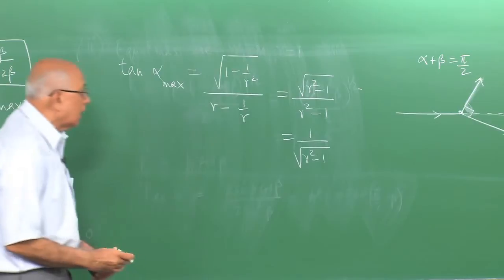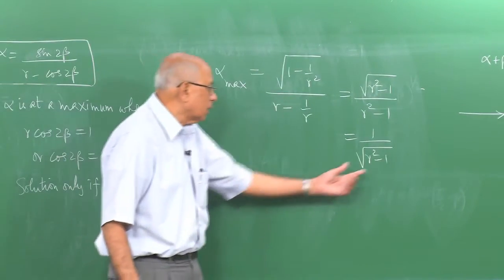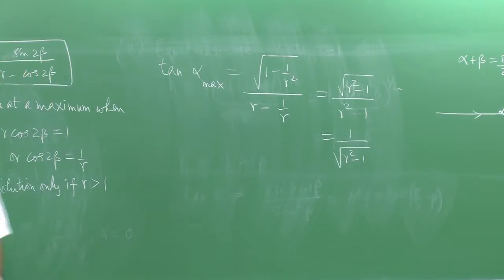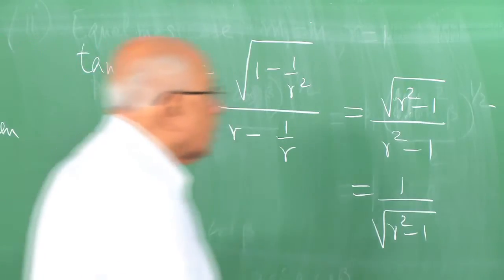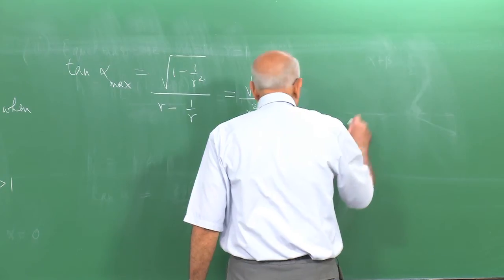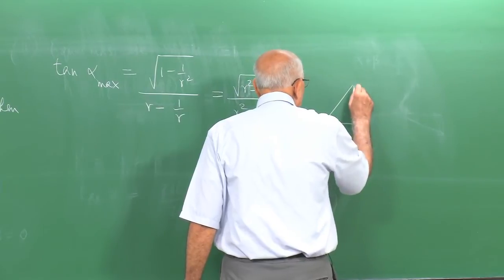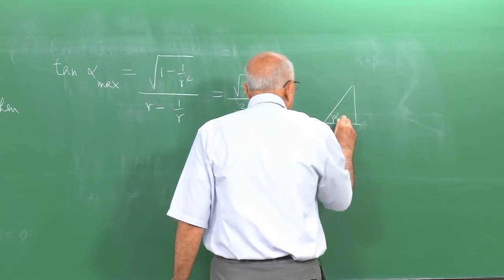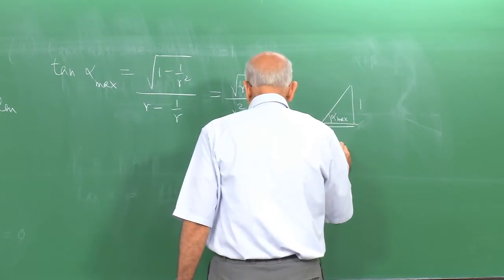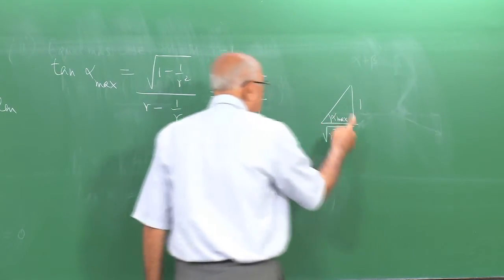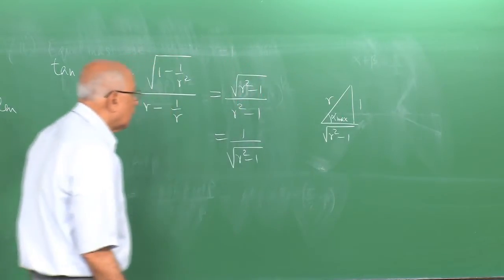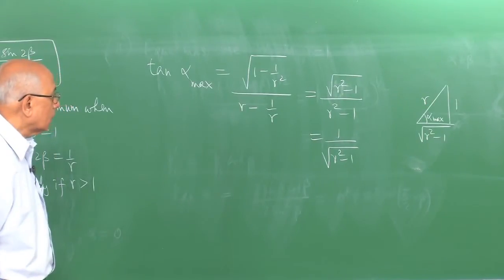And remember that r is bigger than 1. So this is a real number. It says this is the tangent of this angle, the largest value. Actually, it's more expressively done by remembering what the cosine and the sine become. So we have, in this case, alpha max here, and if this is 1, then this is 1 over the square root of r squared minus 1. That's how the tangent becomes this, and therefore by the Pythagoras theorem this is equal to r there.